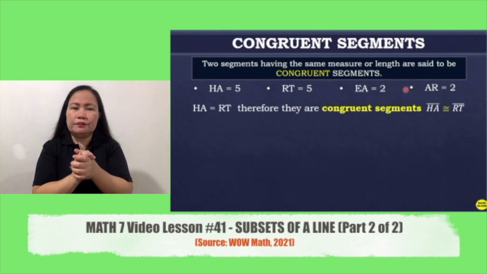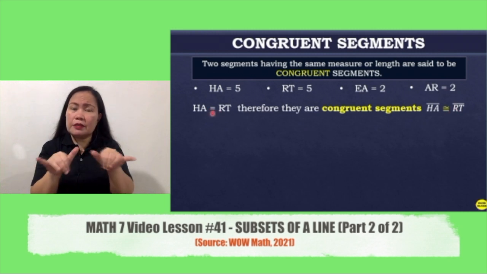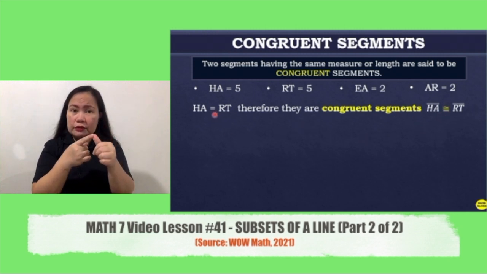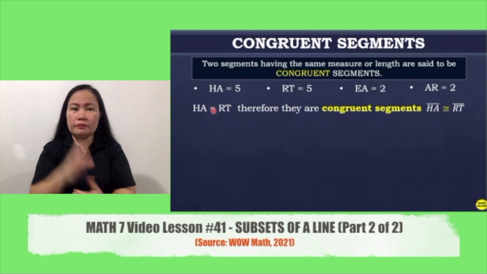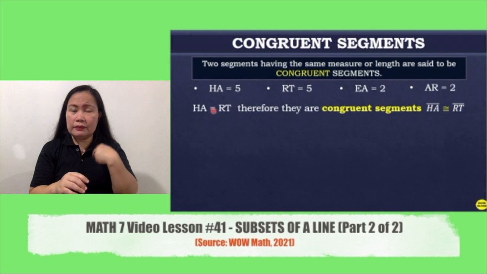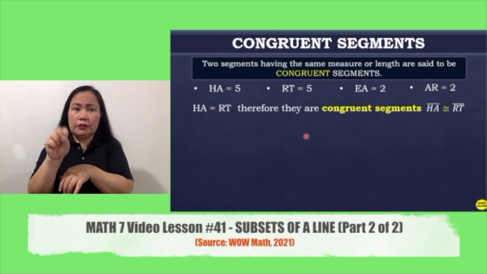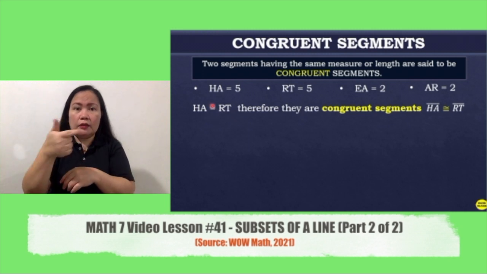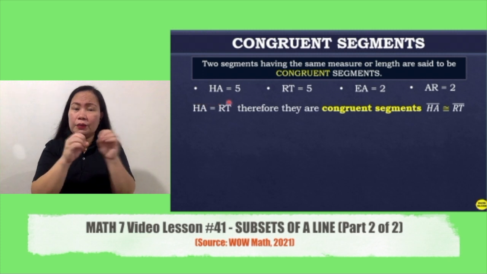So paano mo sasabihin equal sila? So dapat pareho sila ng measure. I mean, paano mo sasabihin congruent sila? So, dapat maipakita mo muna na equal sila ng measures. Kasi para masabi natin congruent segments, they must have the same measure. Now, if you will be looking at the segments, kung titingnan nyo, kapag equal sign, wala po yung symbol natin dito sa taas.